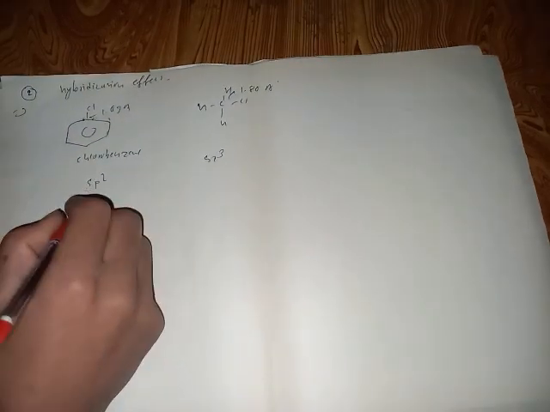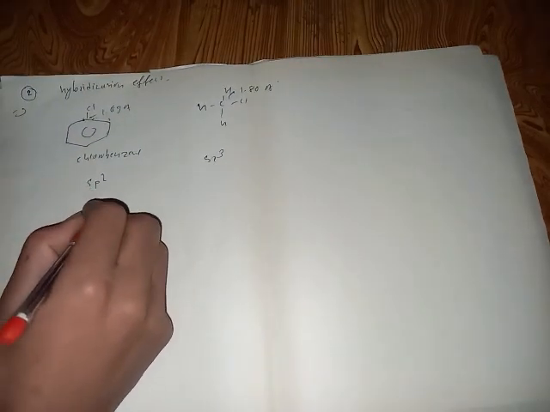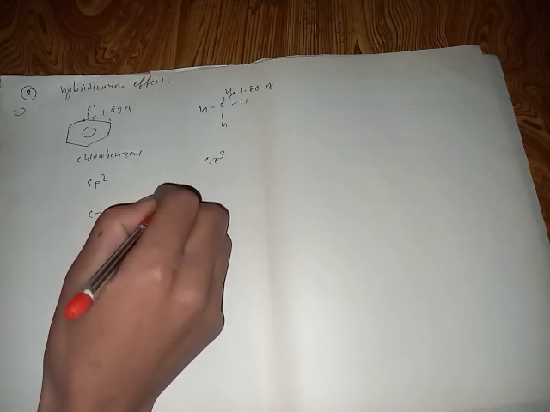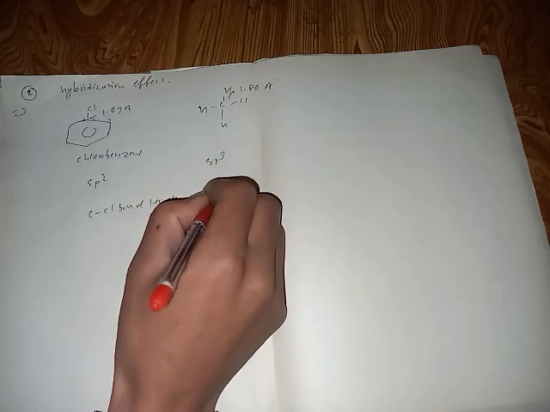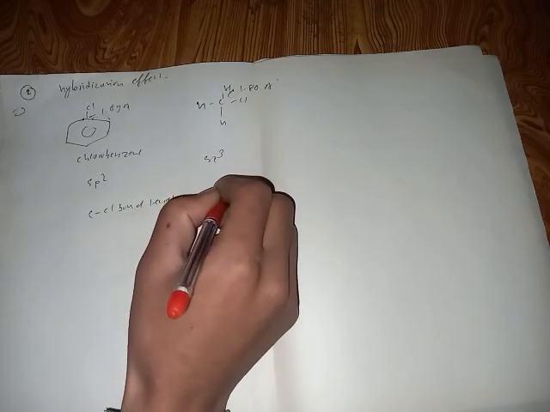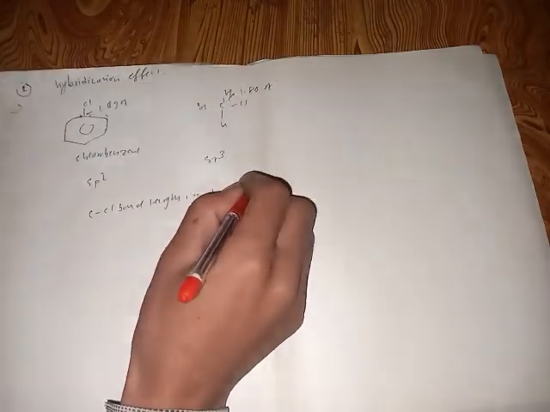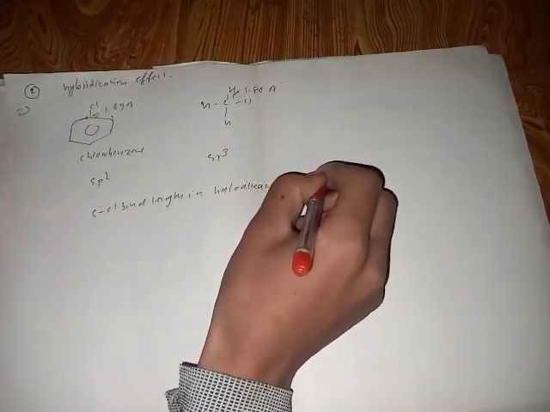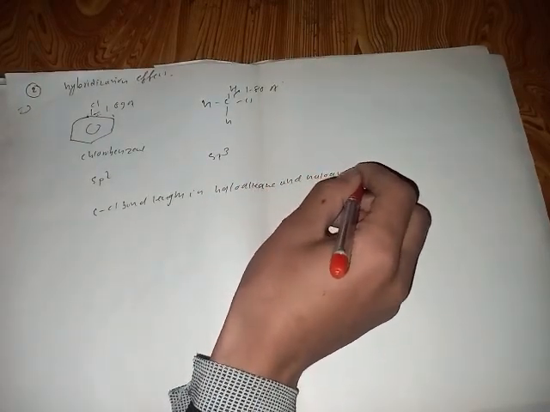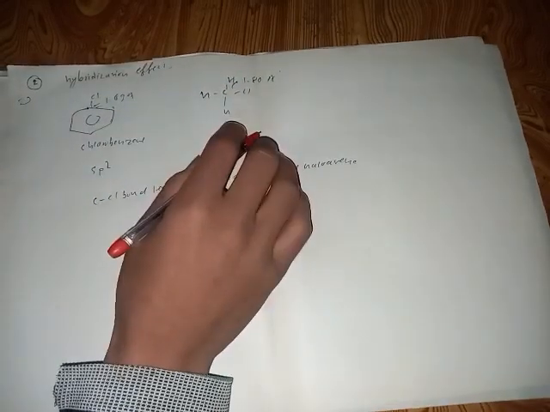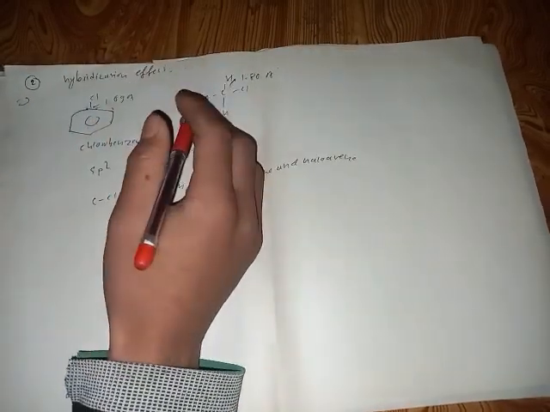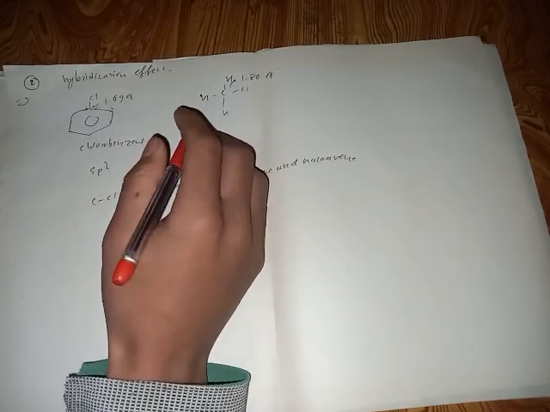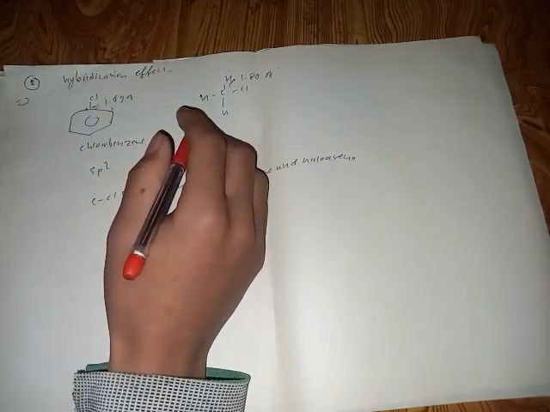The name of this figure is C-Cl bond length in haloalkane and haloarene. However, under special conditions, halogen atoms in haloarenes can be substituted by nucleophiles. Some common nucleophilic substitution reactions are below.